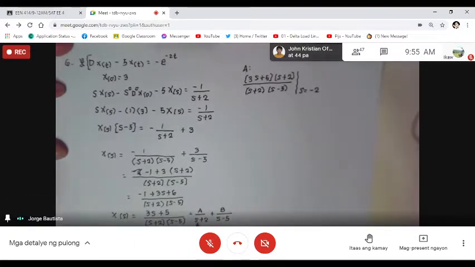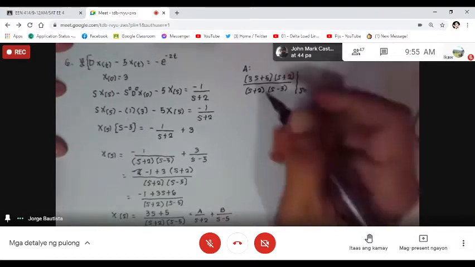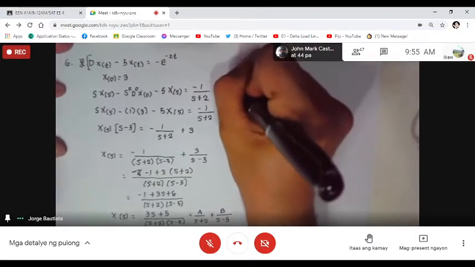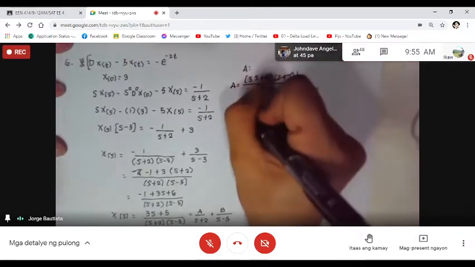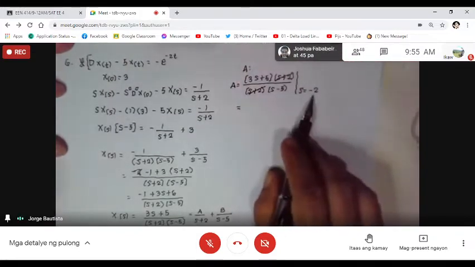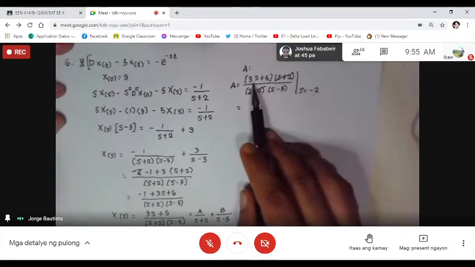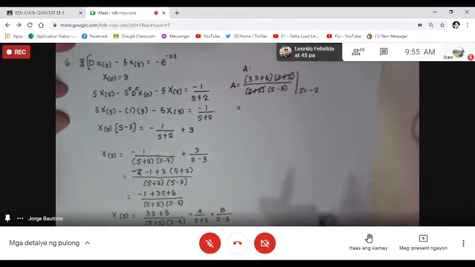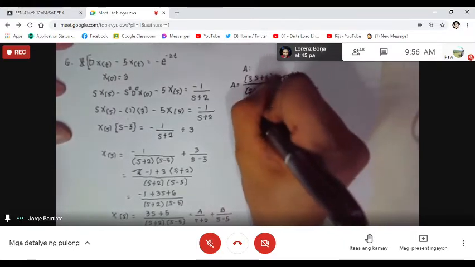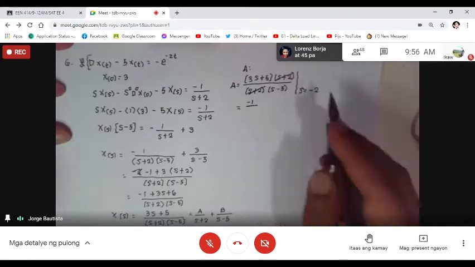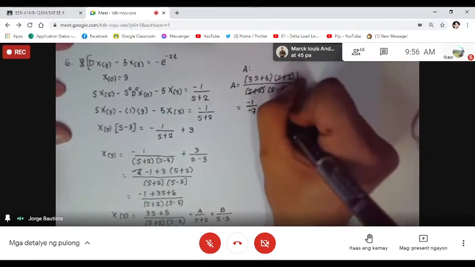S plus 2 yan, so minus 2. Okay, cancel yan. So substitute negative 2. You have negative 6 plus 5, that is negative 1, then negative 2 minus 5 is negative 7. Or that is 1 over 7.